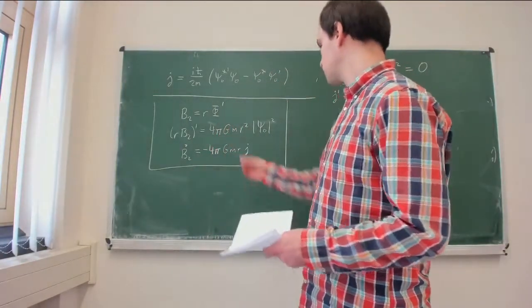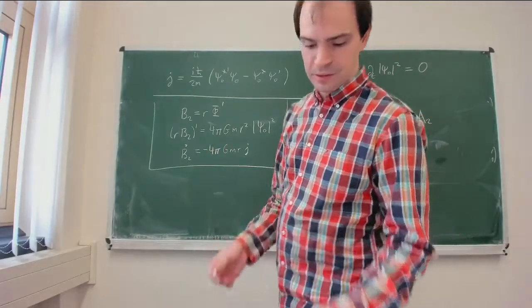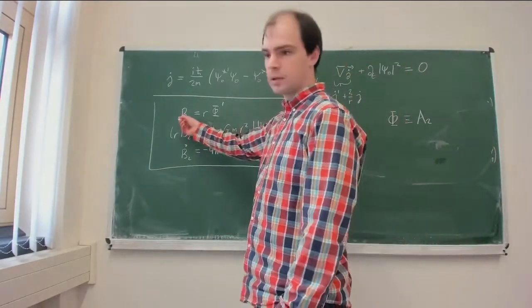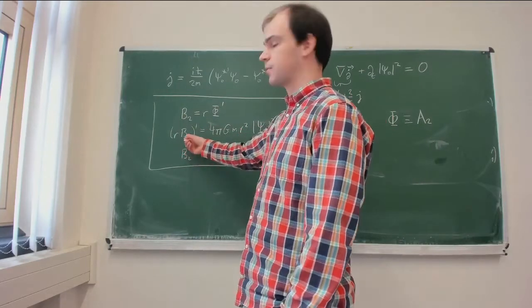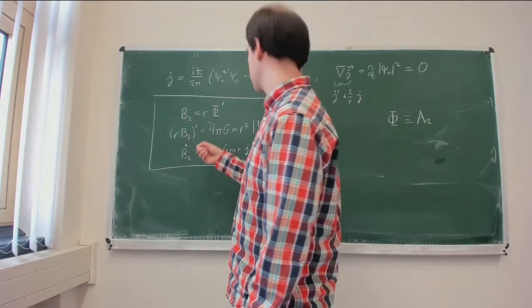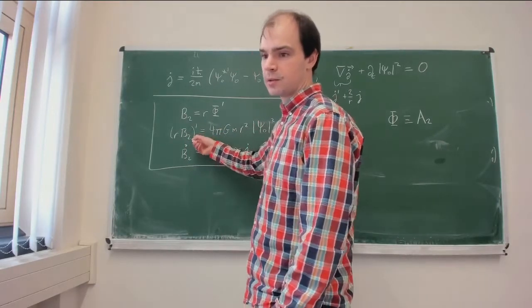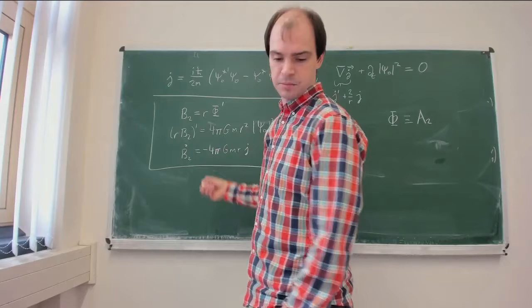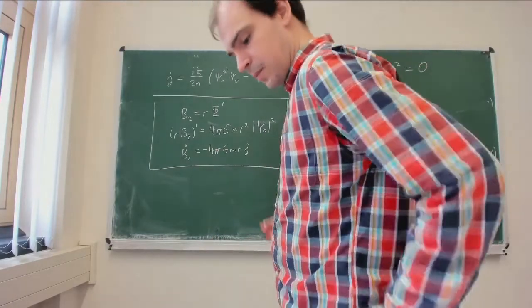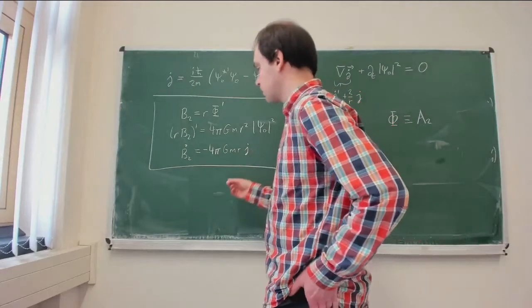Now what we can do with this is, first, we have an equation for B2 here, and we have an equation for the derivative of B2 here. So we can combine those two into a second order equation, just inserting this B2 here. And we find effectively that we get the Poisson equation.